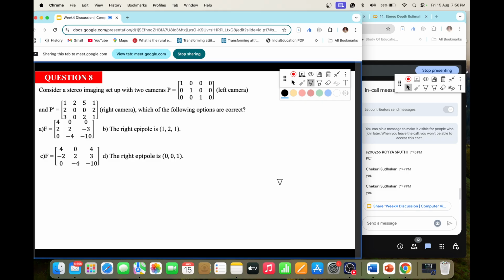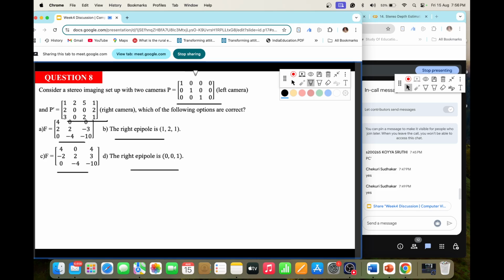Consider a stereo imaging setup with two cameras. This is our first camera P and this is our second camera P dash. Which of the following options are correct? F and the right epipole. What should be the formula for this? If we have P and P dash, how do we find F?